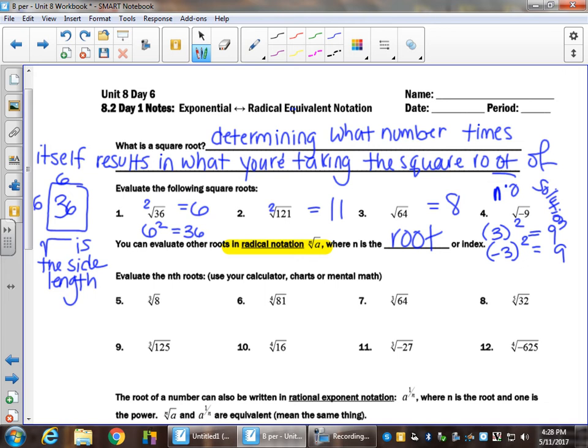We will use the word root. So coming back to our examples in 1 through 4, these were all the square root that we were working with.